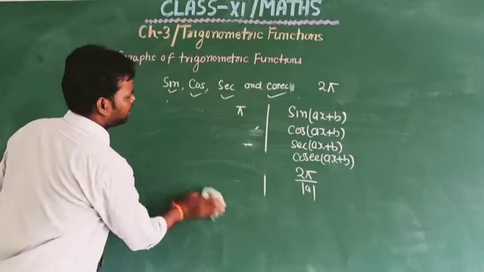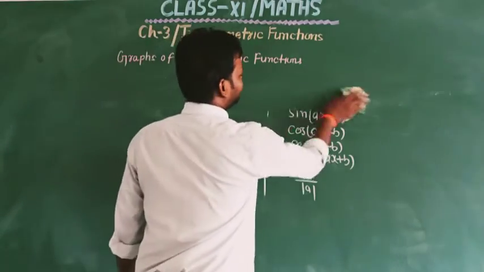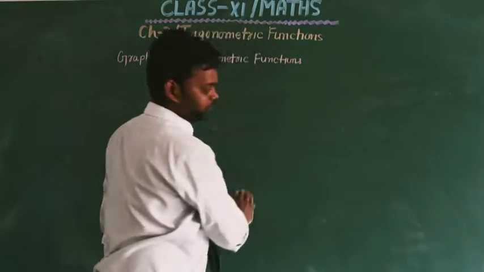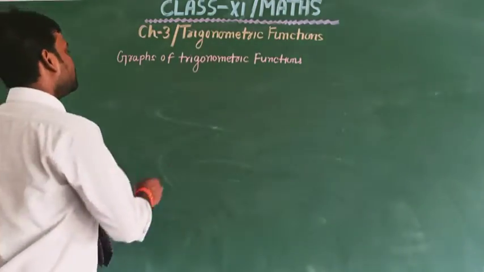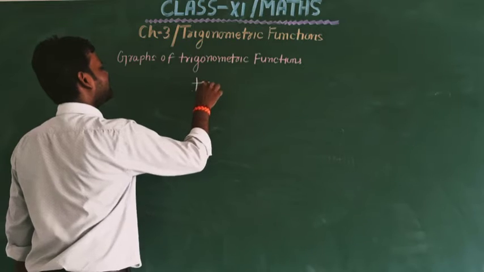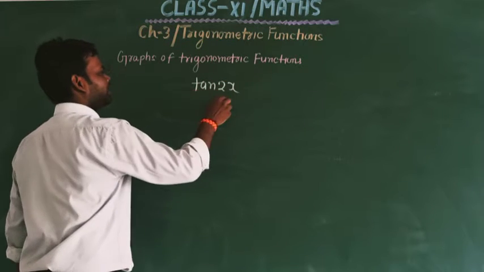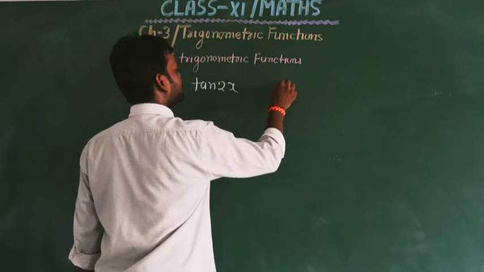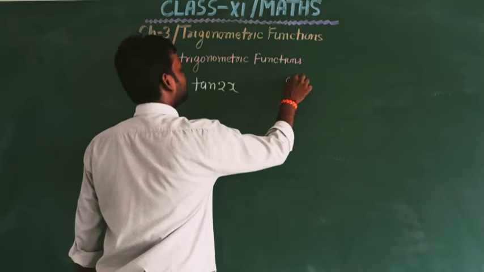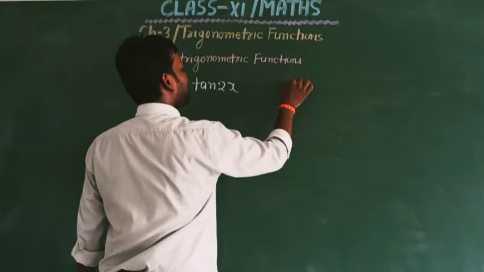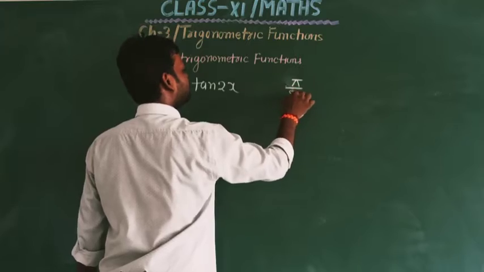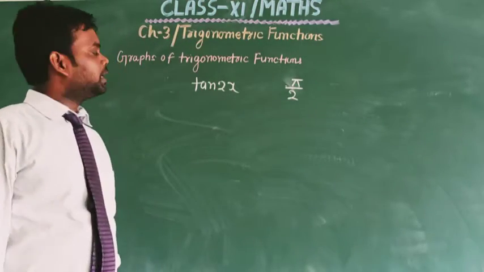So in this way we also say that tan 2x is a periodic function with period pi by 2. Okay, clear?